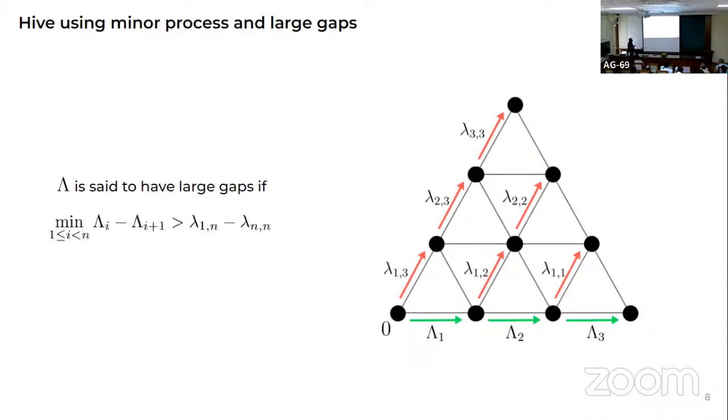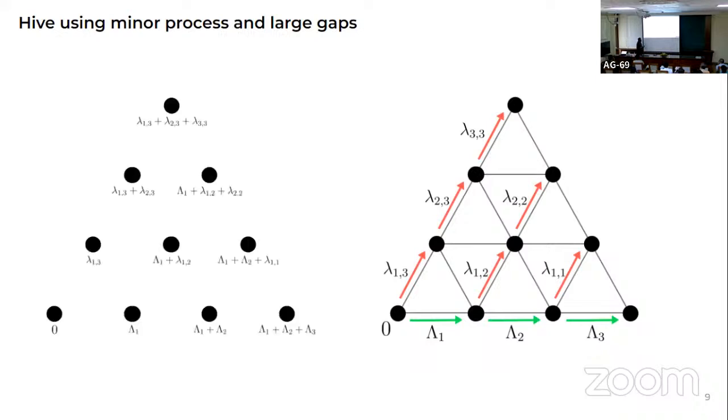We take the consecutive differences in capital lambda, and if the minimum of all those consecutive differences is greater than lambda_1n minus lambda_nn, then we say that lambda has large gaps. Having large gaps ensures that the hive obtained using this satisfies the rhombus concavity inequalities.